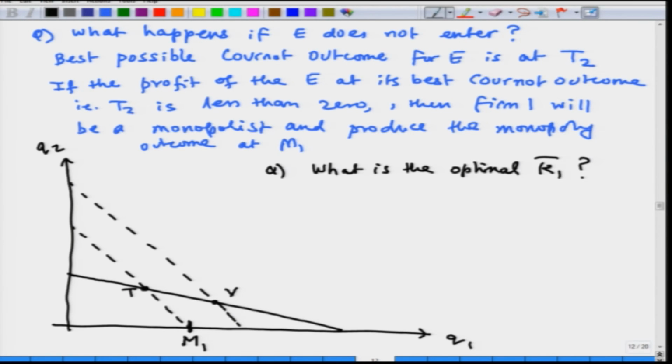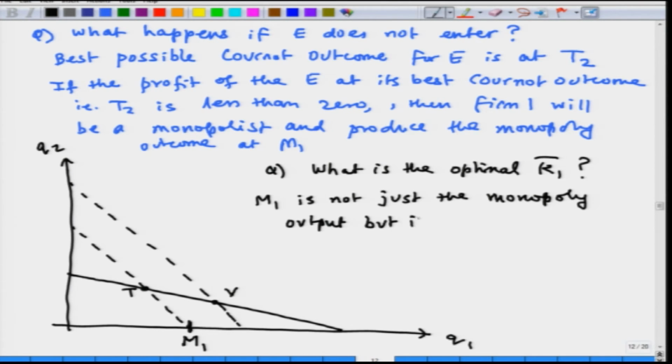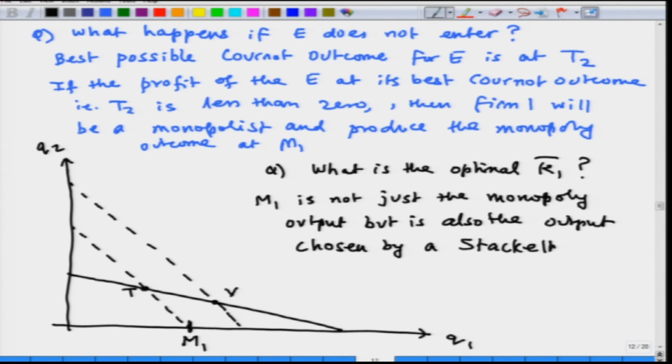Okay. The other point that is important to note is that M1 is not just the monopoly output, but is also the output chosen by a Stackelberg leader. And notice firm 1 is the leader in this model, firm 1 moves first.